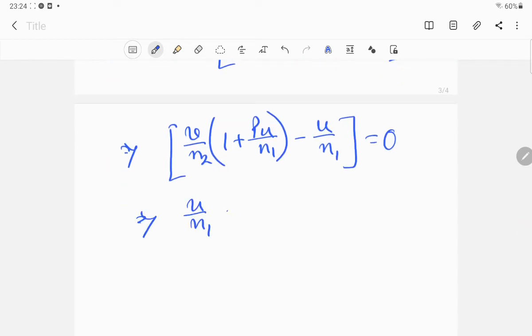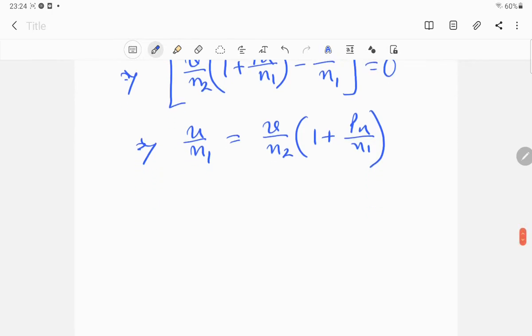Ultimately we have u by n1 equal to v by n2 into 1 plus pu by n1, so u by n1 equals v by n2 plus puv by n1 n2.